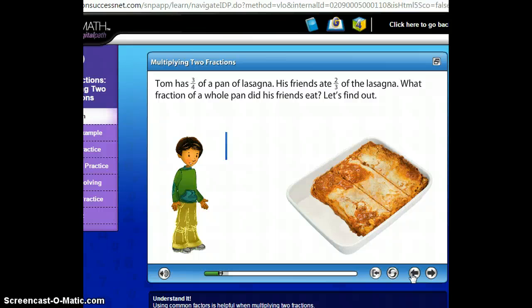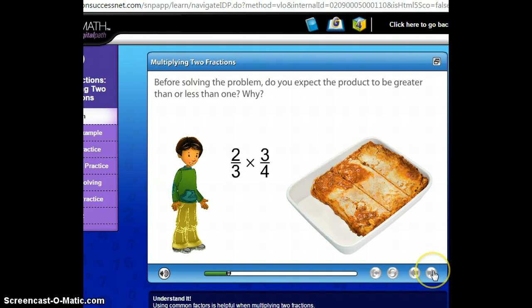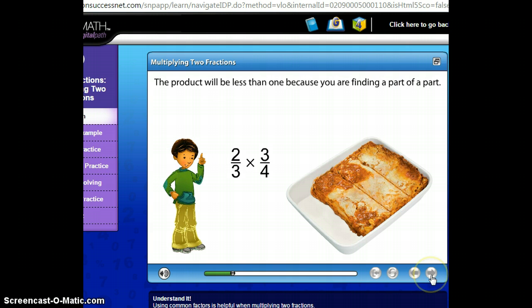Now they took that 3/4 and divided it into thirds. Let that visual help you out too. The product will be less than 1 because you are finding a part of a part.